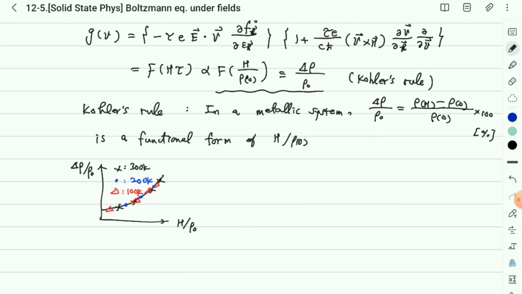Here Kohler's rule says that in general cases, there is a positive magnetoresistance in a metallic system.